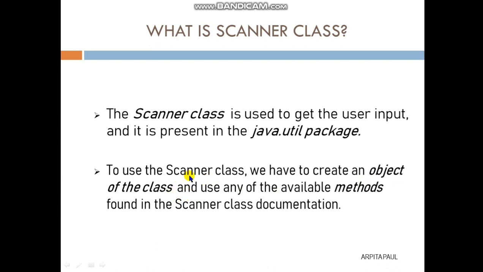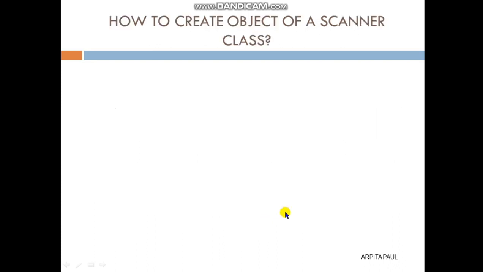And not only that, for each and every data type we have a specific method, okay, which we have to use. Okay, so first we will create the object of one scanner class, and then we will use the methods to assign the values of specific data type. How to do, let me show you.